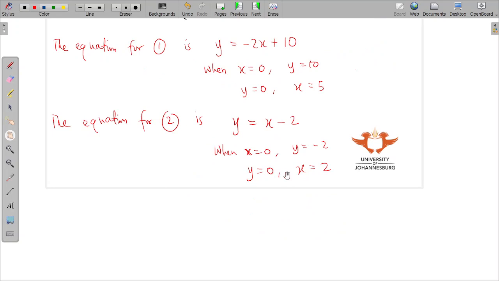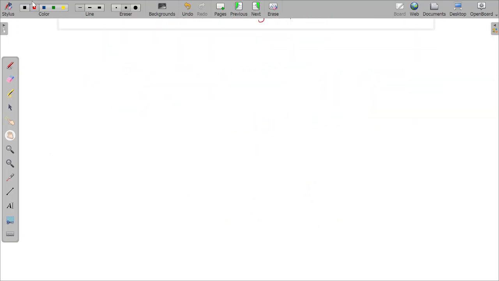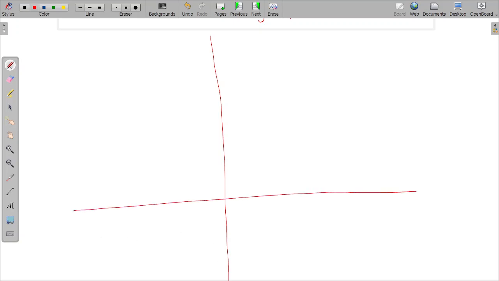Let's draw our graph now. This is x and this is y. I can calibrate 1, 2, 3, 4 up to 10, or I can use 2, 4, 6, 8, 10. What I use on one side must be what I use on the other: minus 2, minus 4.